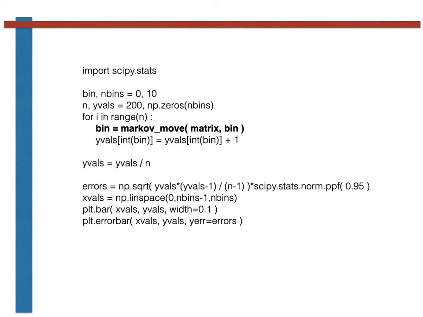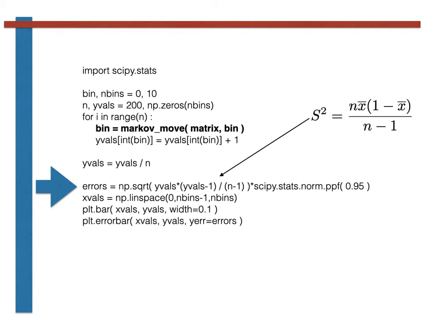In previous exercises, we have seen that you can calculate the errors on the estimate of a histogram by using a code like the one shown here. The key line that calculates the width of the error bar is this one. In computing the errors in this way, we are assuming that the following quantity is an estimator for the variance of the random variable that has been sampled.